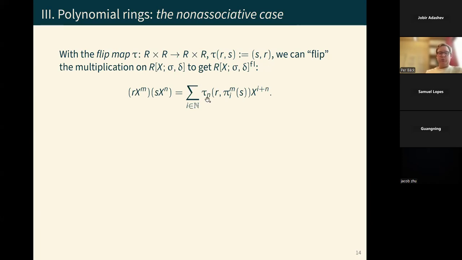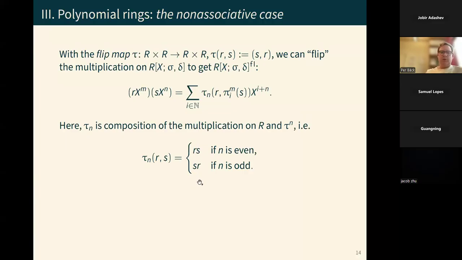So it's the usual product that we had for Ore extensions. But now I sneaked in a tau^n here, and this tau^n is simply the composition of the multiplication on R and n copies of tau. So really what this gives you is the opposite product in case of n being odd, and the ordinary product if n is even.